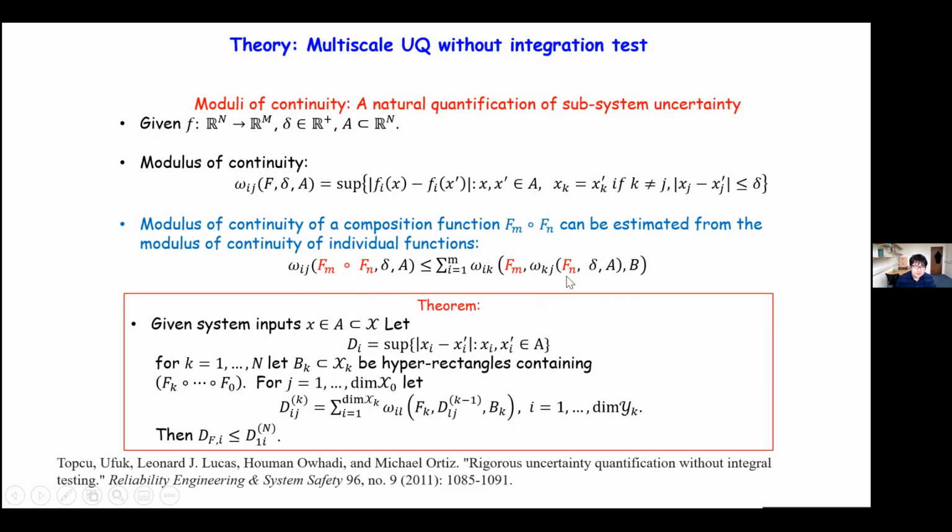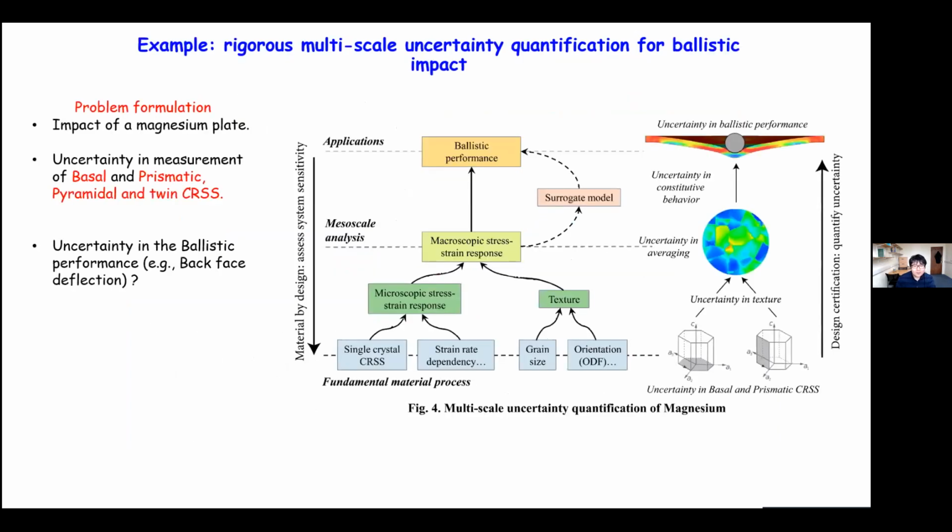And this really allows us to break this integral test into a bunch of subsystem uncertainties, which we can easily evaluate at subscale. And I'm going to show you an example.